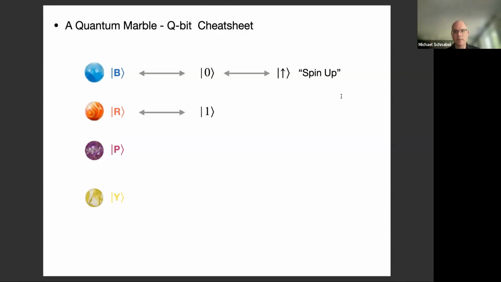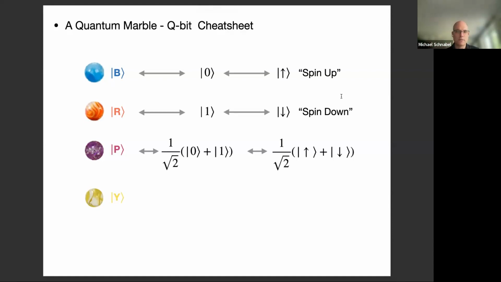You can call the red 1 or spin down, and then the purple would just be linear combinations. So it's just different expression of the same thing. In quantum computing, and in entanglement experiments, you typically see this. So next time you see this, you're not afraid. You know how to translate it to our quantum marbles.